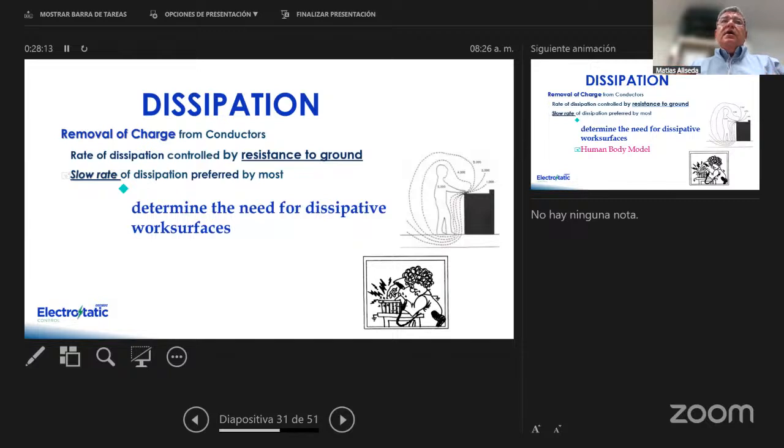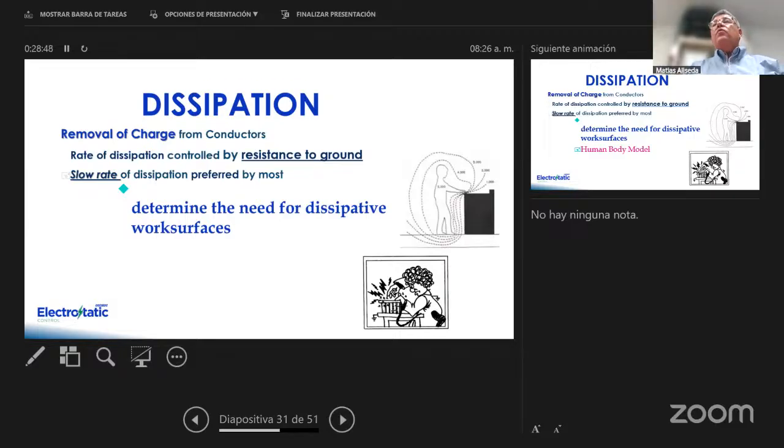Dissipation is a slow rate. As you see with lightning, it is a very fast energy transfer. Well, that is an ESD event. So why go very fast with conductive materials? We need dissipative materials to discharge not as rapidly but slowly, to avoid an ESD event in the mats or wrist straps or whatever.